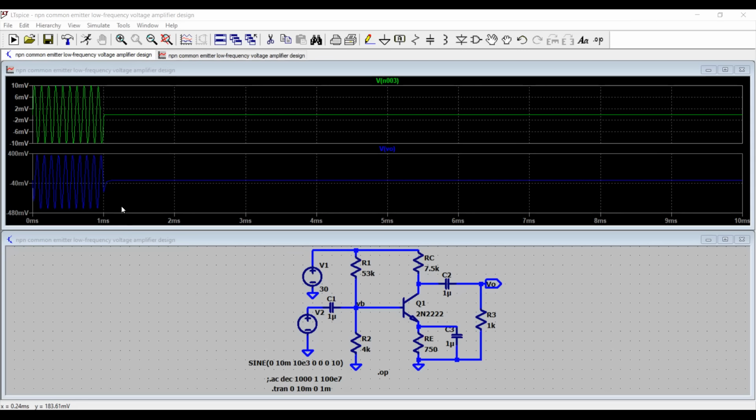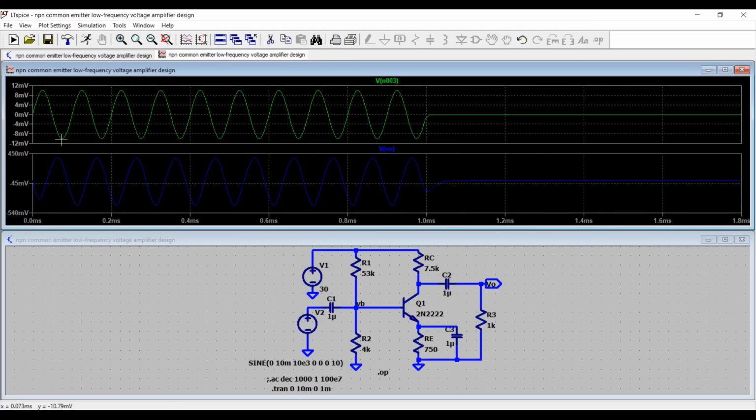Let me just zoom those waveforms, and here I see that the input is from 0 to 10 millivolt peak or 20 millivolt peak to peak, and the output is inverted, like going to 400 something.